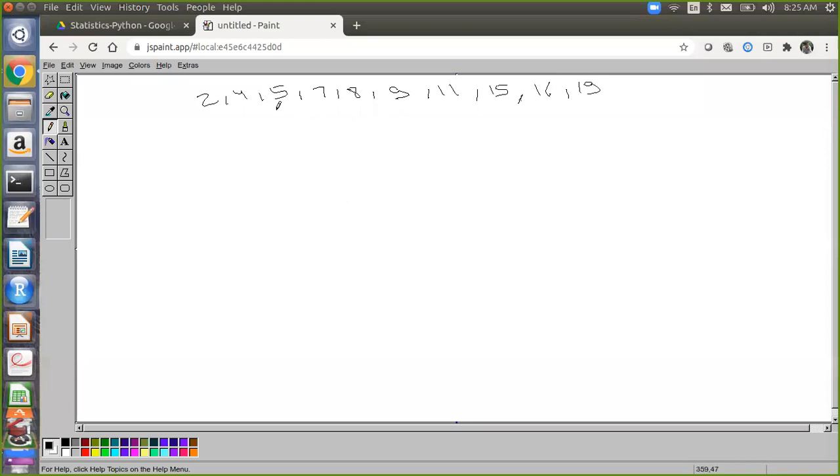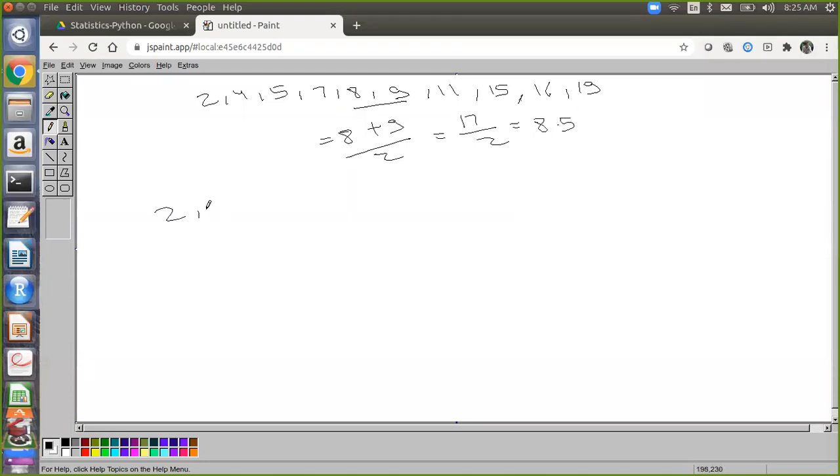Now count: 1, 2, 3, 4, 5, 6, 7, 8, 9, 10. So what are the two center values here? 8 and 9. So simply take 8 plus 9 divided by 2. What is the value? 8.5.